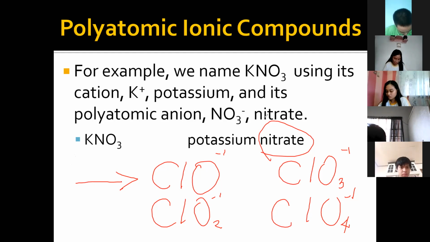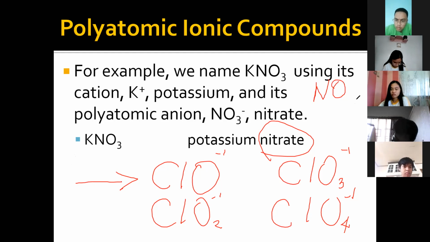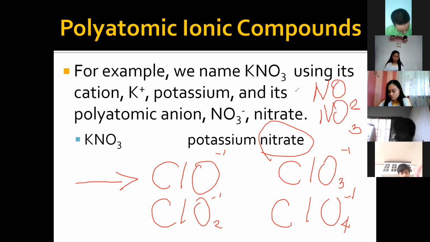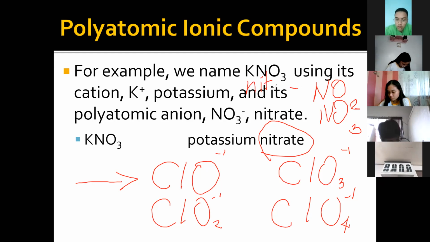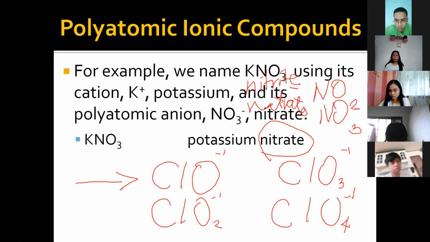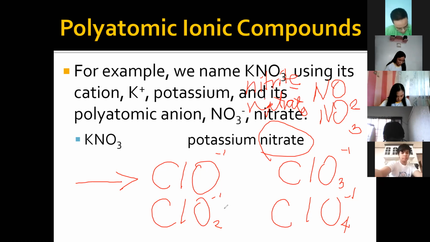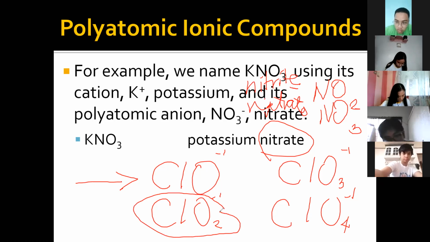Let me focus your attention on NO2 and NO3. NO2 is named nitrite, and NO3 is nitrate. ClO2 is chlorite, ClO3 is therefore chlorate.